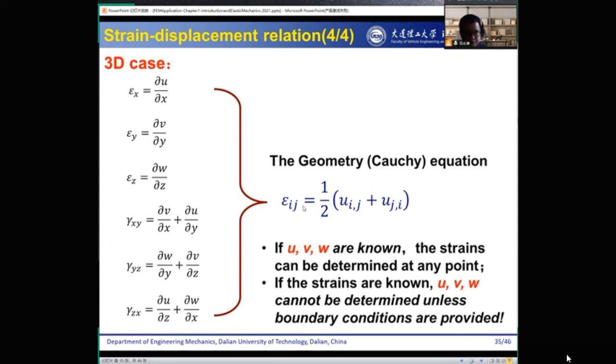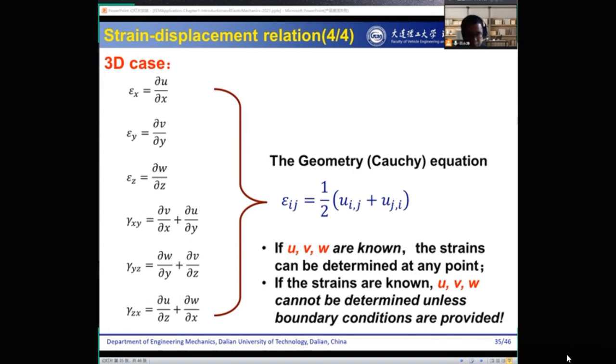Inversely, if those strains are known, the displacements u, v, w cannot be determined. Why? Because there's a rigid movement. We will talk more about what rigid movement is.